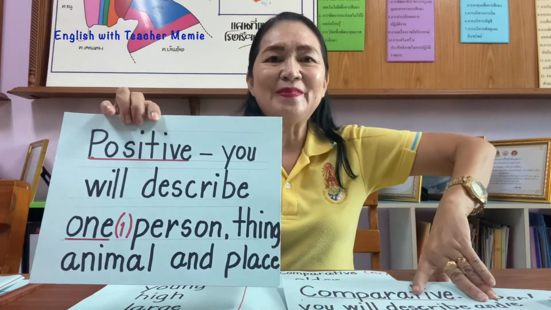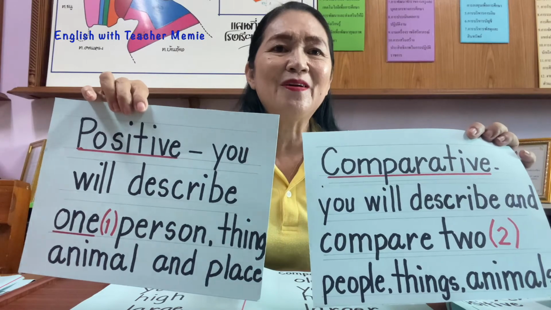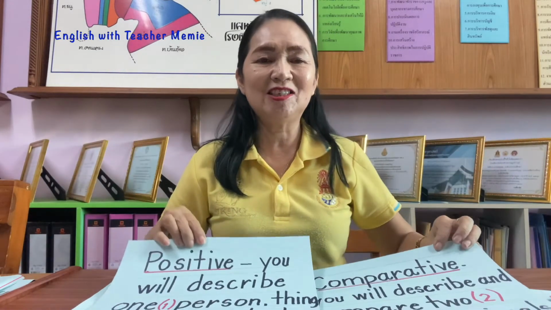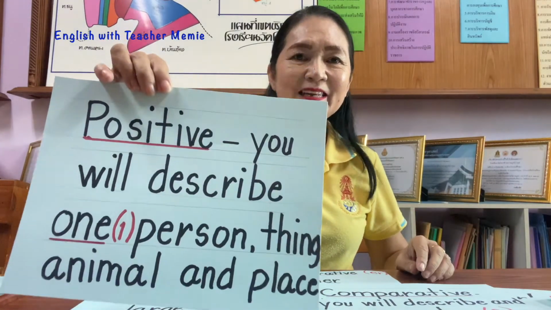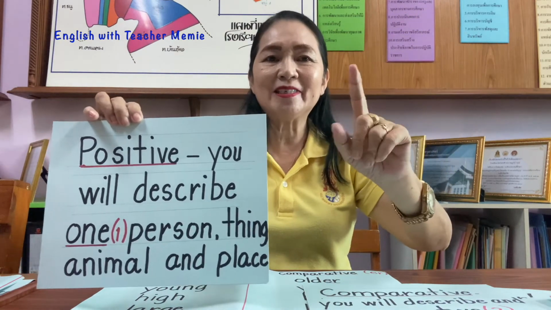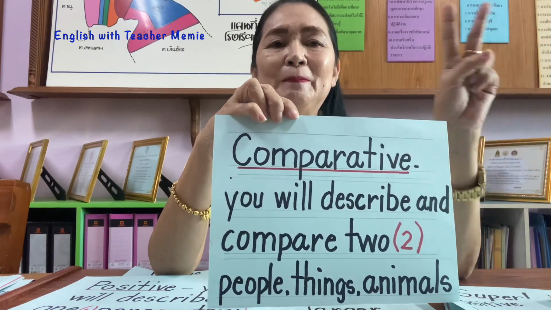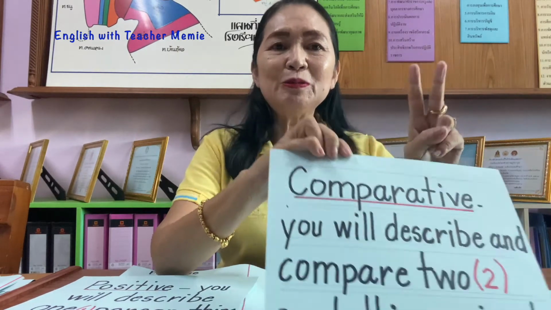It's about positive and comparative degrees of comparison of adjectives. In positive, there is only one that you describe, no comparison. But in comparative, there are two people, two things, two animals, or two places that we describe and compare.